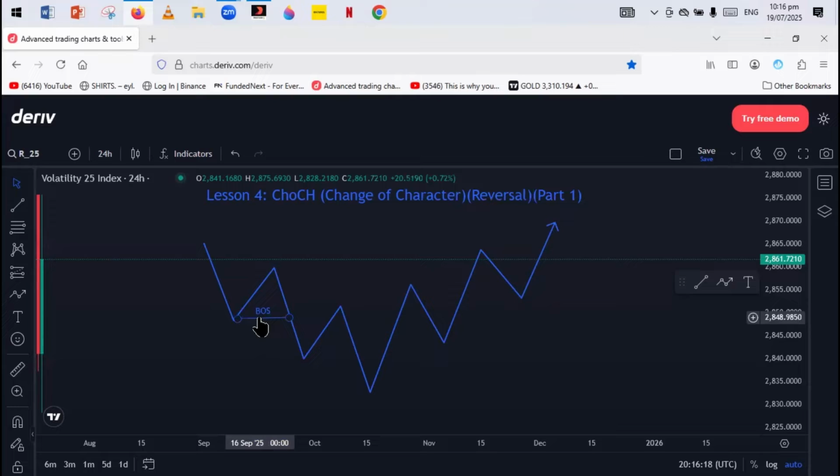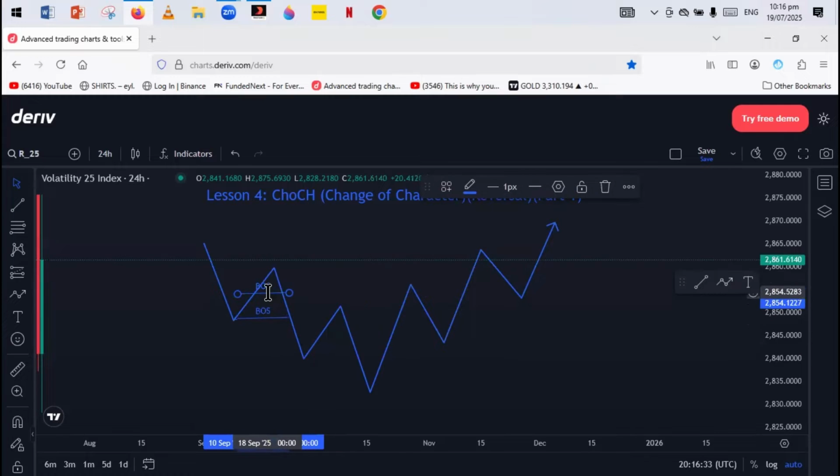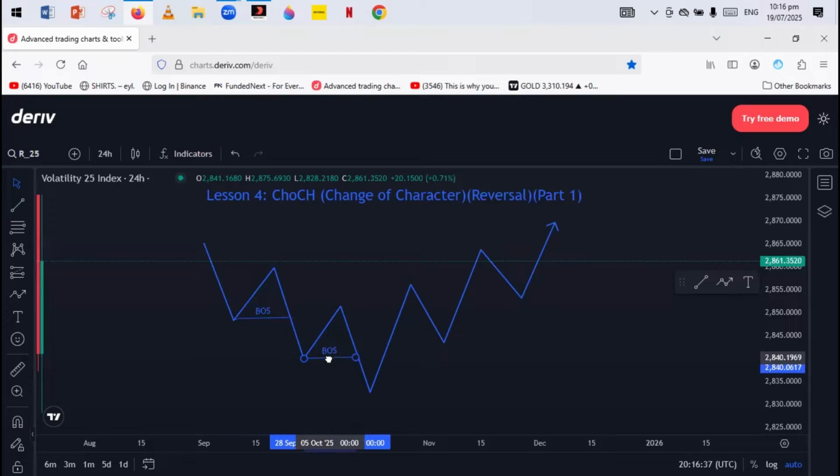And then let me clone that. So we have price breaking structures. As long as price is breaking these structures to the downside, then we are in a downtrend.